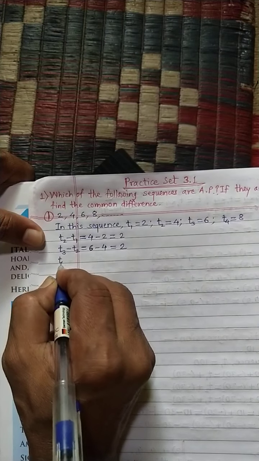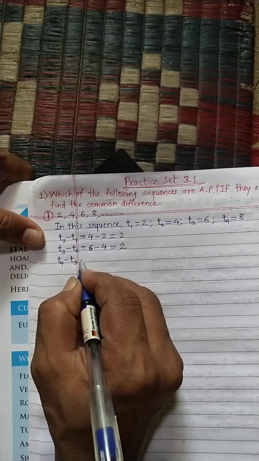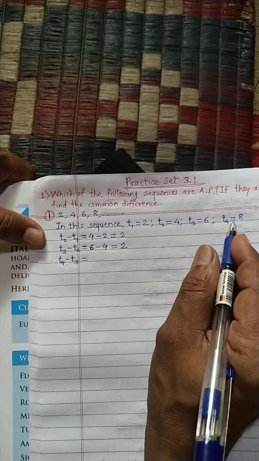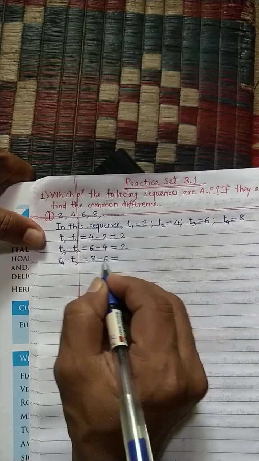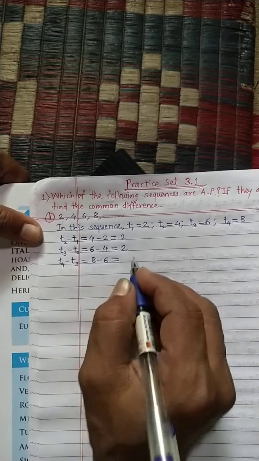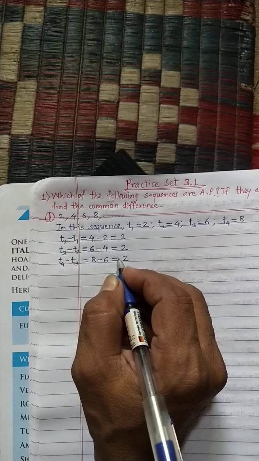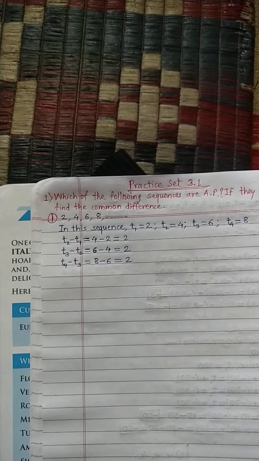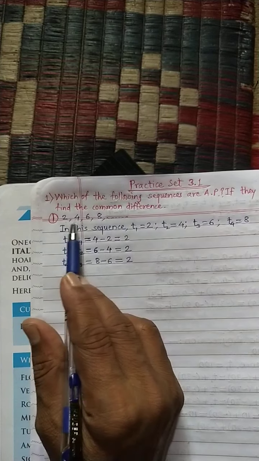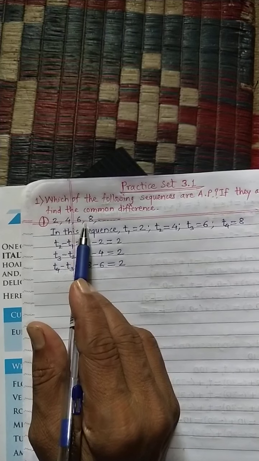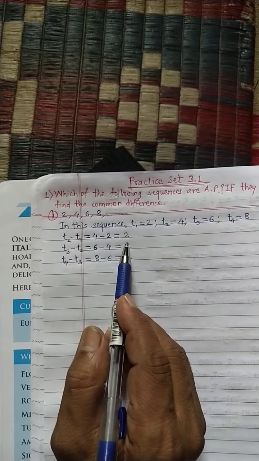Now next, T4 minus T3 is equal to 8 minus 6, which is equal to 2 also. So here we can see that the difference between any two consecutive terms is 2, that means constant.